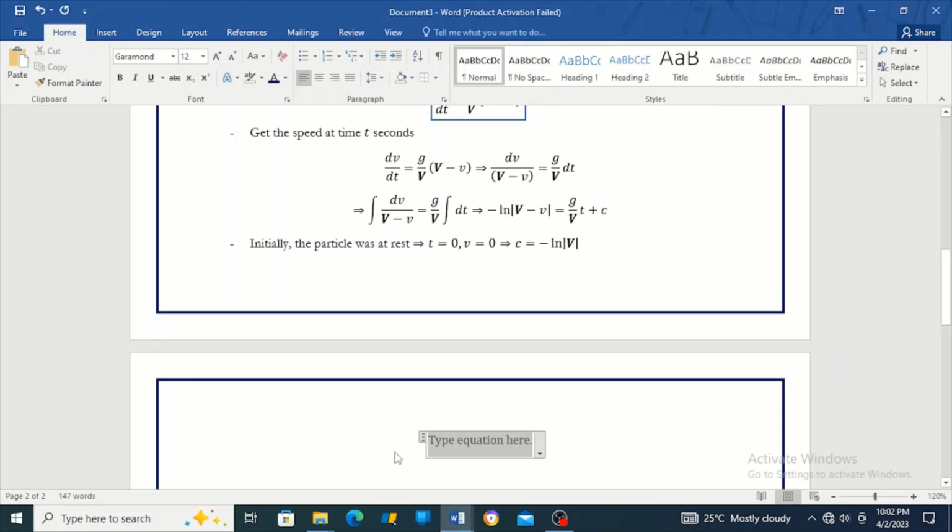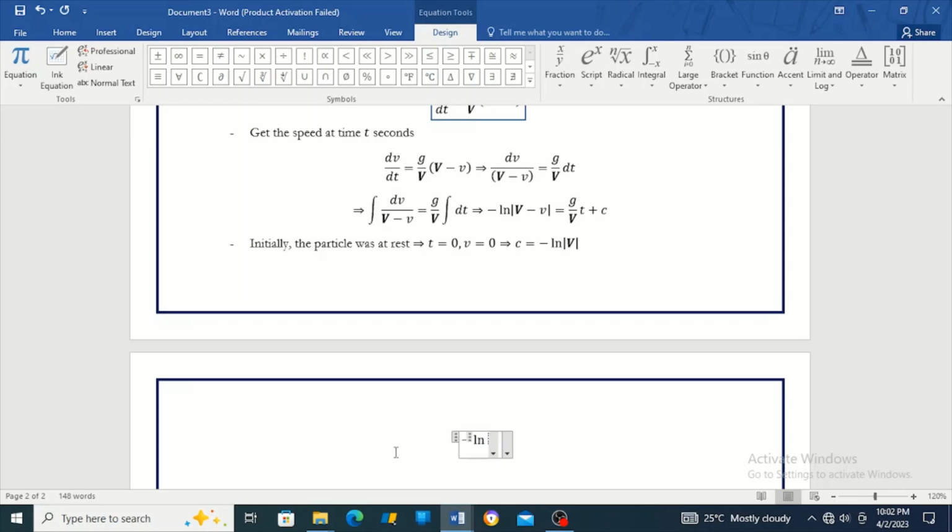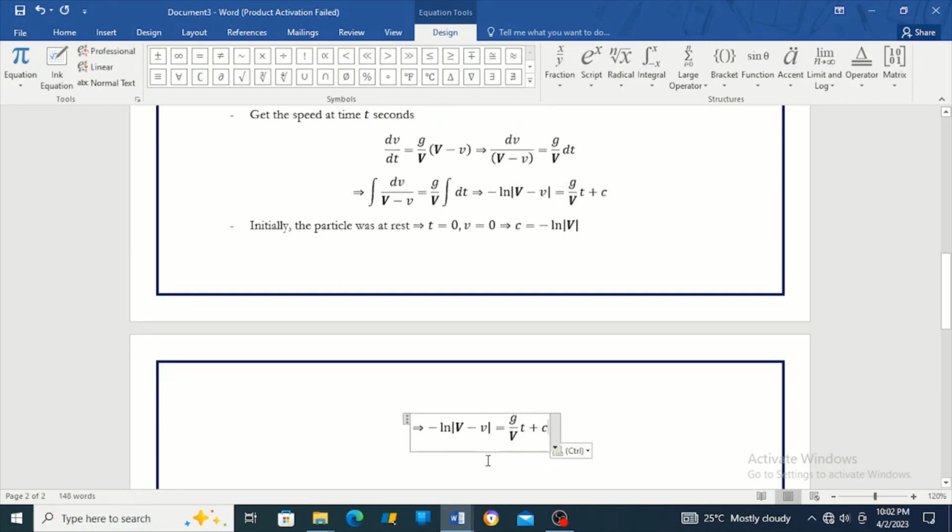Now from there, you just come here and replace the value of c, and then you bring like terms together. So we have our c is negative the ln of v. I can add this on both sides of the equation, and doing that I'm going to get that the ln of v minus the ln of the absolute value of v minus small v is equal to g divided by capital V times t.